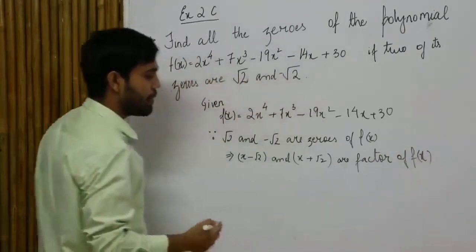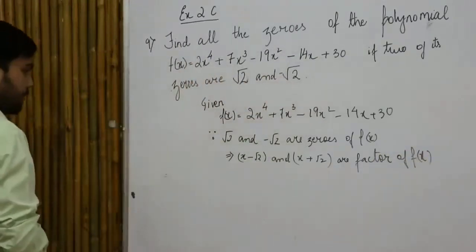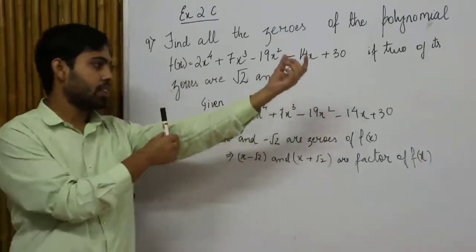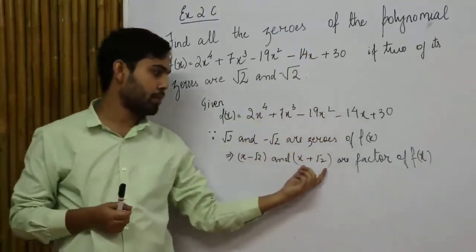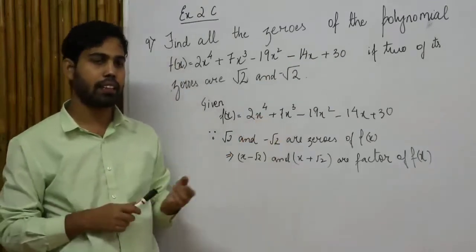Now what do we understand by factors? Factors means it divides. These two polynomials will divide this polynomial, that means I'll get a remainder 0 when I divide.